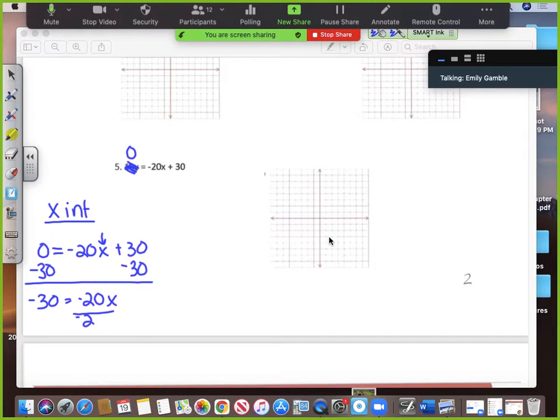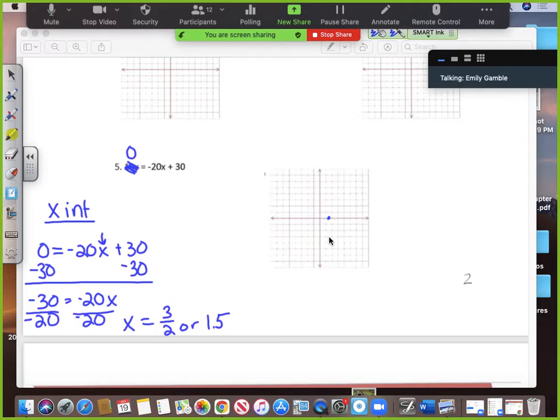And then when we divide by negative 20, we're going to get x equals negative 30 divided by negative 20, which is a positive number, a positive 3 over 2, which is 1.5.